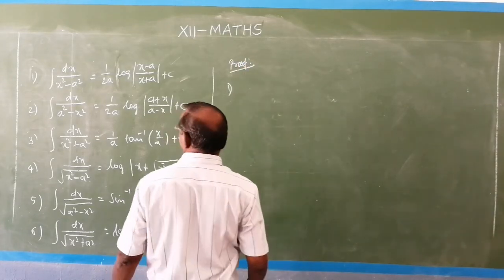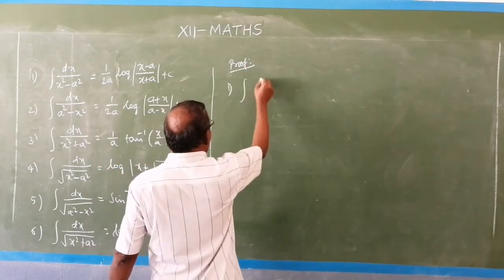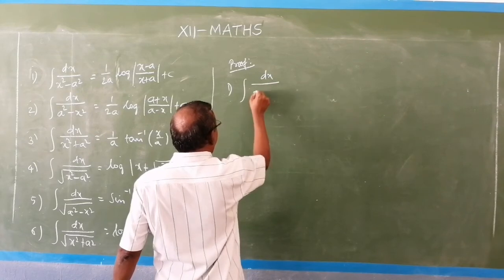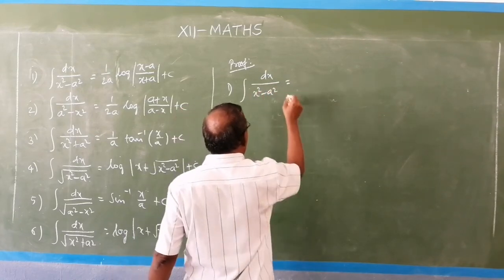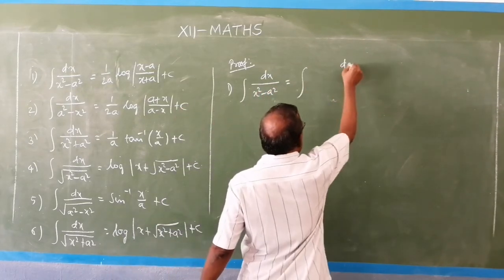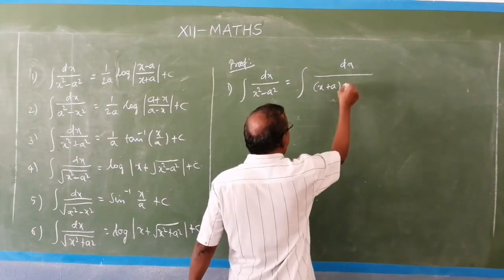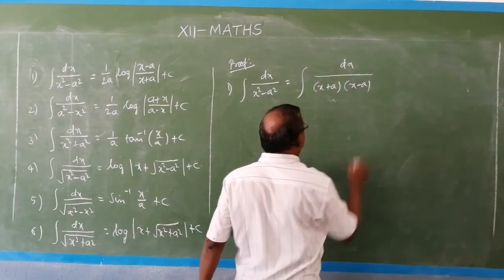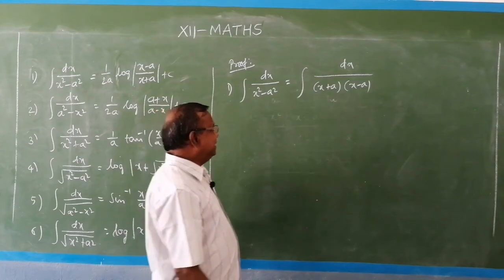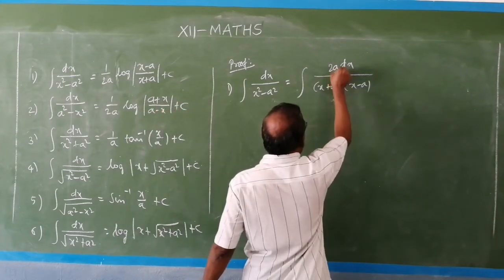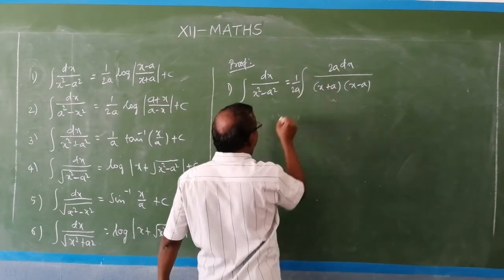First one, now integral dx by x square minus a square equal to integral dx by x plus a into x minus a. Multiply and divide by 2a, here 1 by 2a.